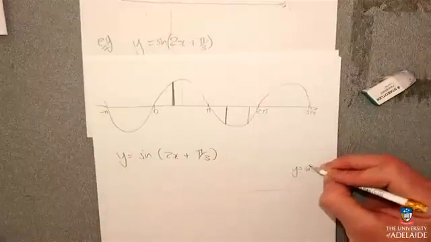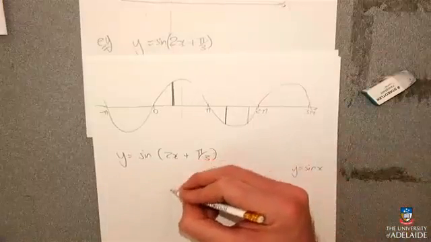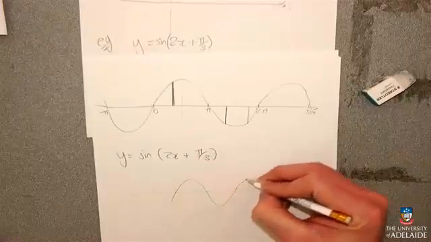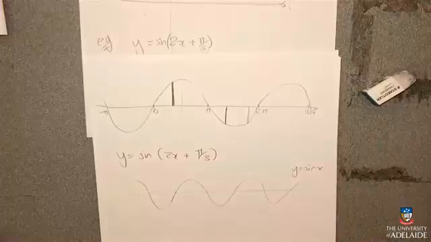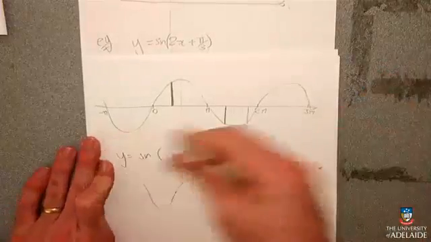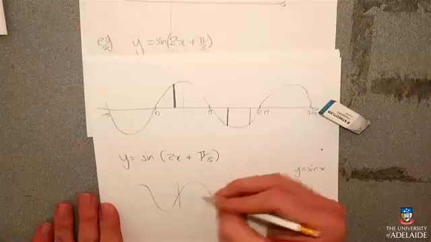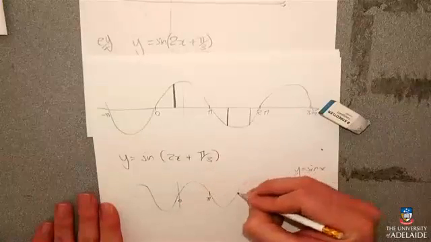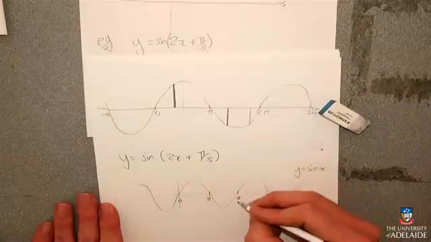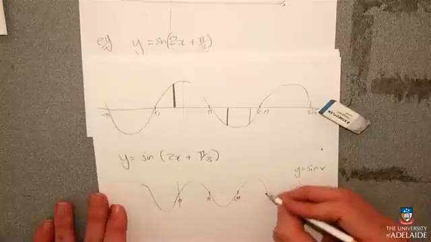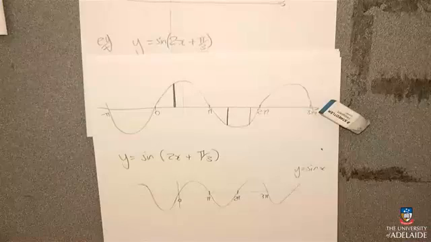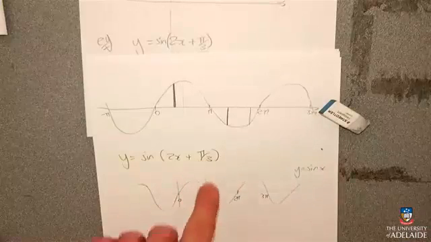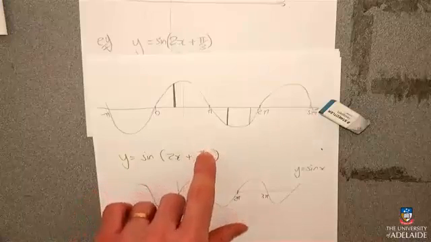So this is y equals sine x. And this normally happens at 0 and pi and 2 pi there. So if I want to do the sine of x, I need to deal with the pi on 3 first. I need to work my way outwards.